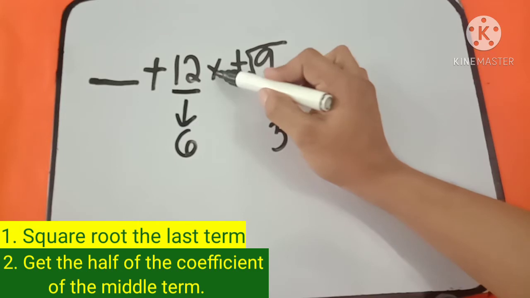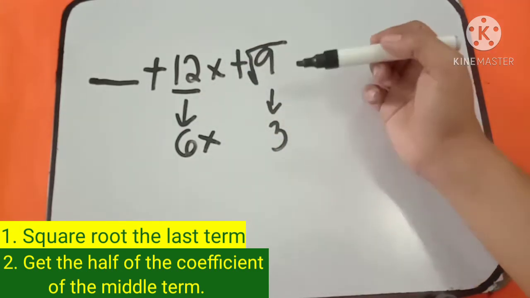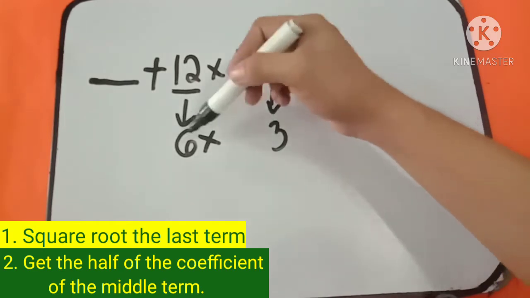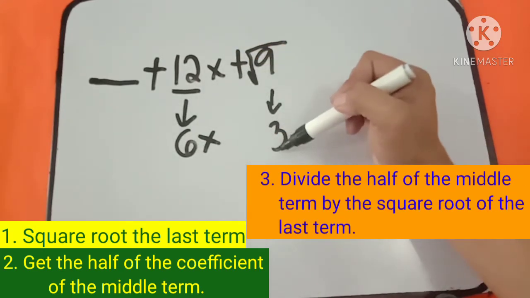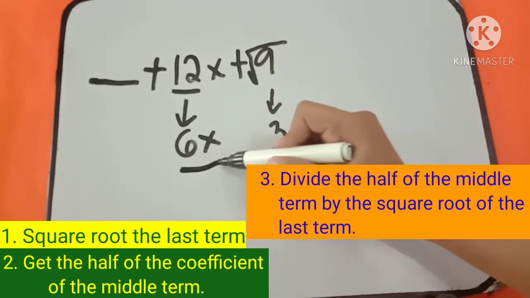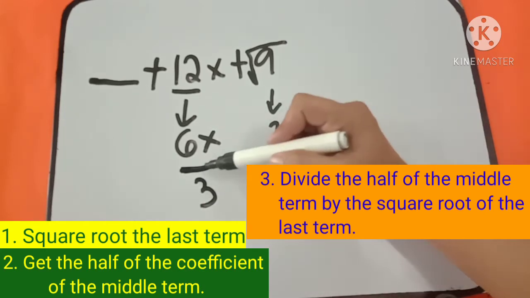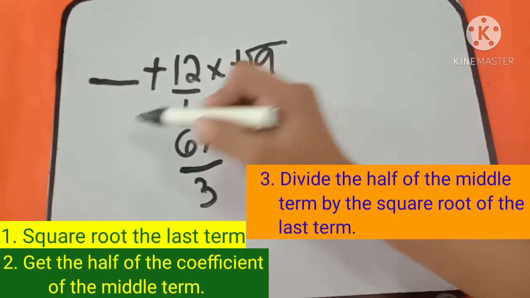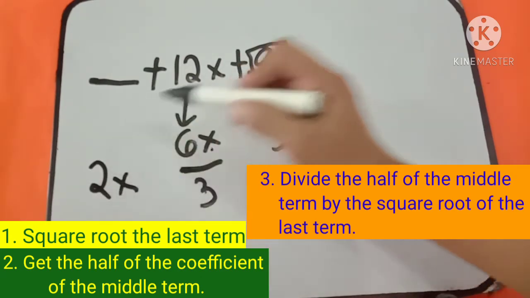You simply copy the variable, or just bring down the variable. Then you have to divide this half of the middle term by the square root of 9, which is 3. So we divide this one by this number. 6 divided by 3 will give us 2. Simply copy the variable x.